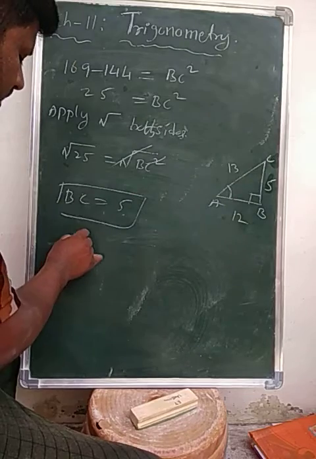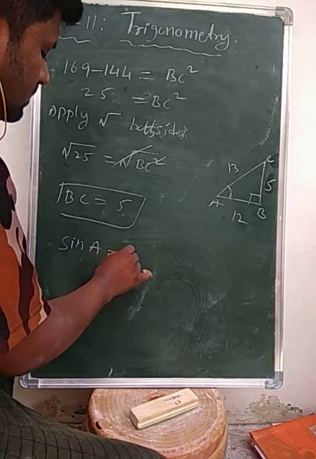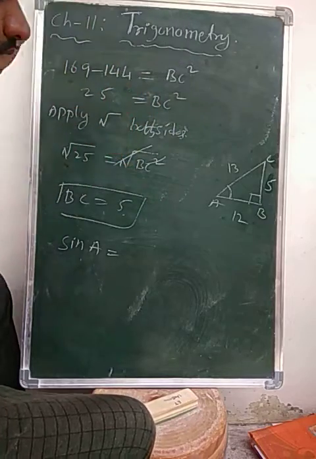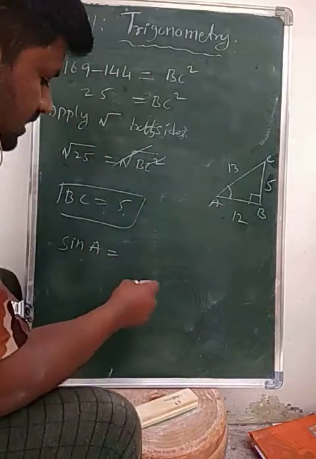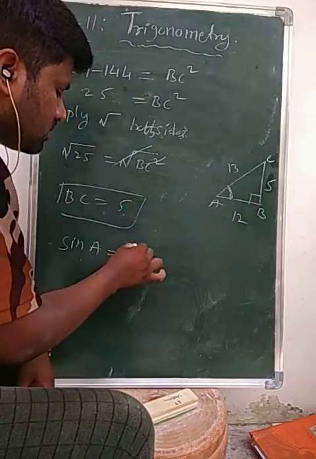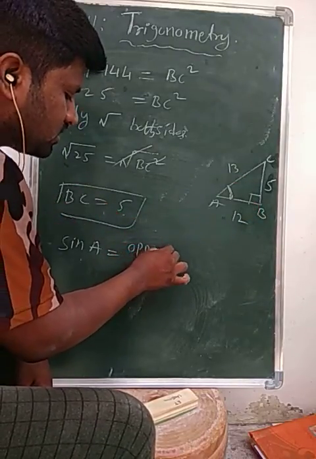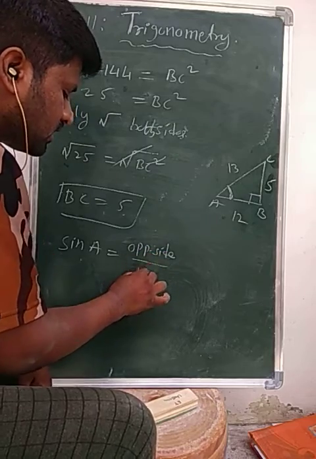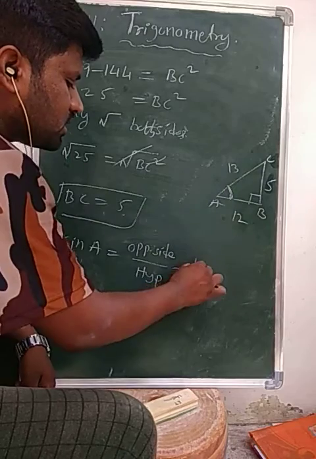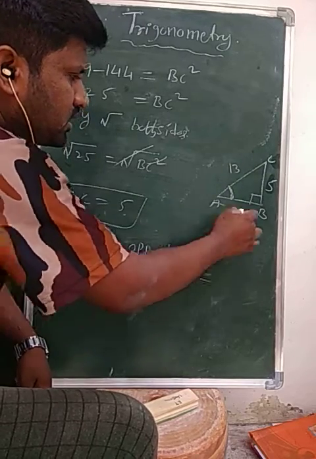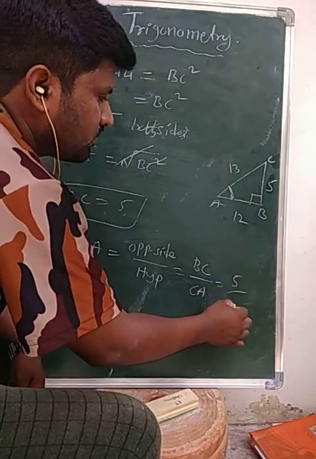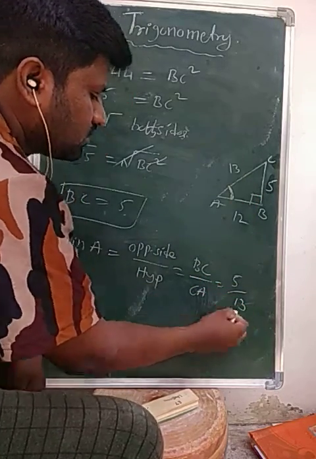Now we need to find sin A and tan A. Sin with respect to angle A is the length of the opposite side by the length of the hypotenuse. The opposite side is BC, by the hypotenuse CA. That is BC is 5, CA is 13.